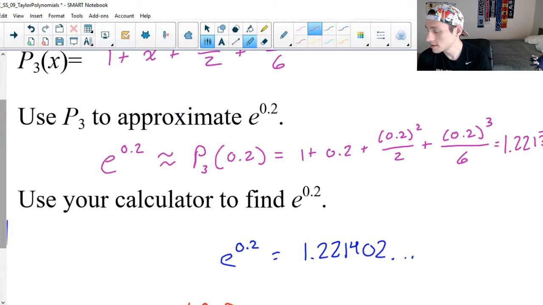And 6.3 is not super close to 0, especially if we're talking about only using a third degree. Now, if I were using a 12th degree Taylor polynomial, then the further out from 0 I get, the better the approximation is still going to be. But for just a third degree polynomial to go that far away from where I'm centered, it's probably not going to be a great approximation.